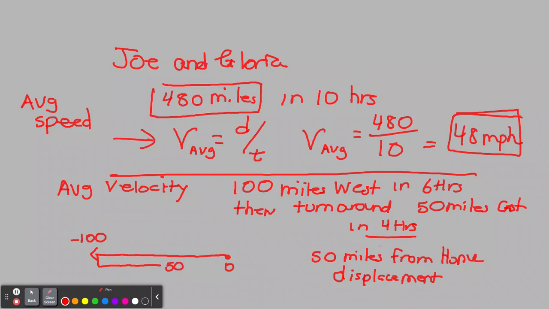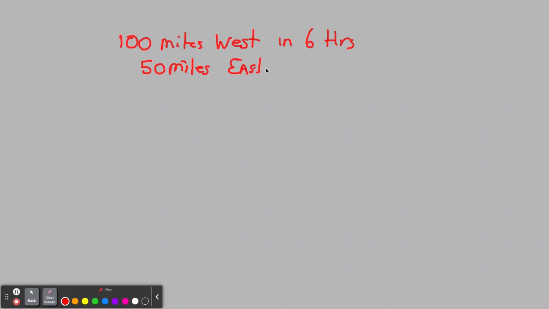So we want to find average velocity. I'll clear this out and we'll do it over. Again, you went 100 miles west in 6 hours, and then you went 50 miles east in 4 hours.